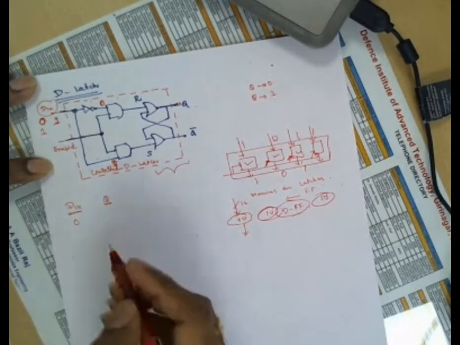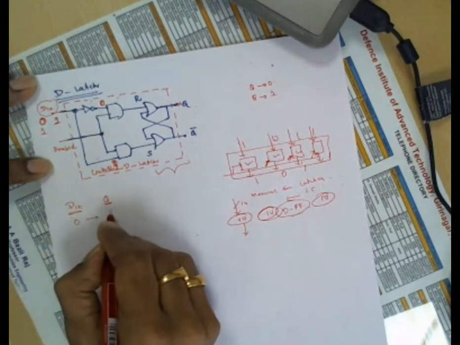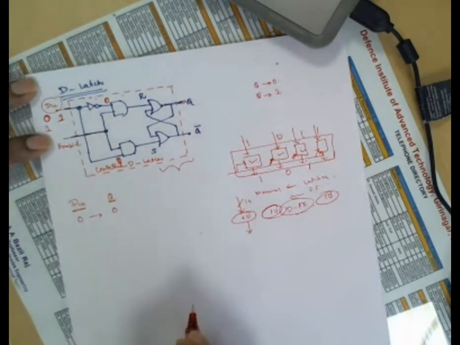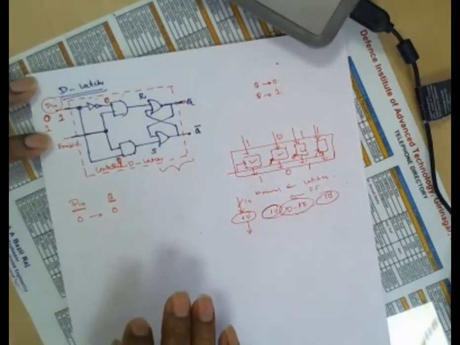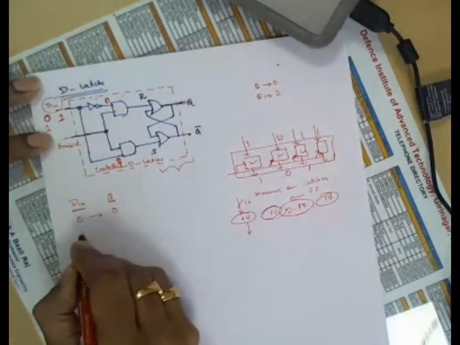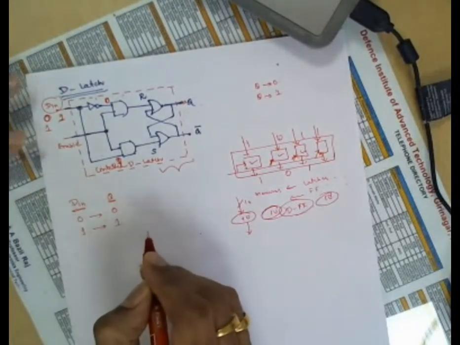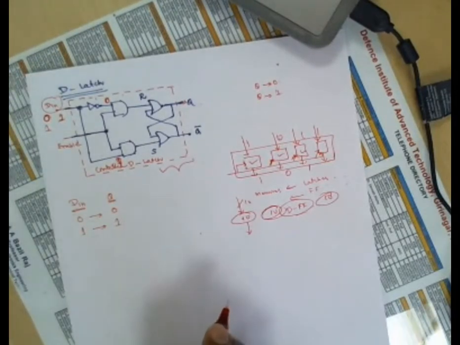If D in is 0, then the 0 will be transferred to Q irrespective of its previous value, when the enable is applied. If it is 1 here, then the 1 will be transferred to Q after applying the enable in the latch.